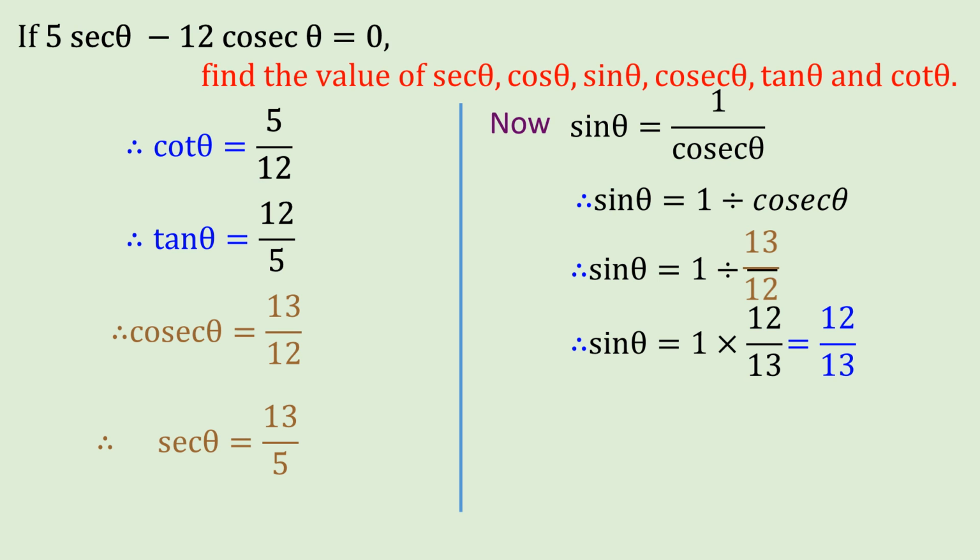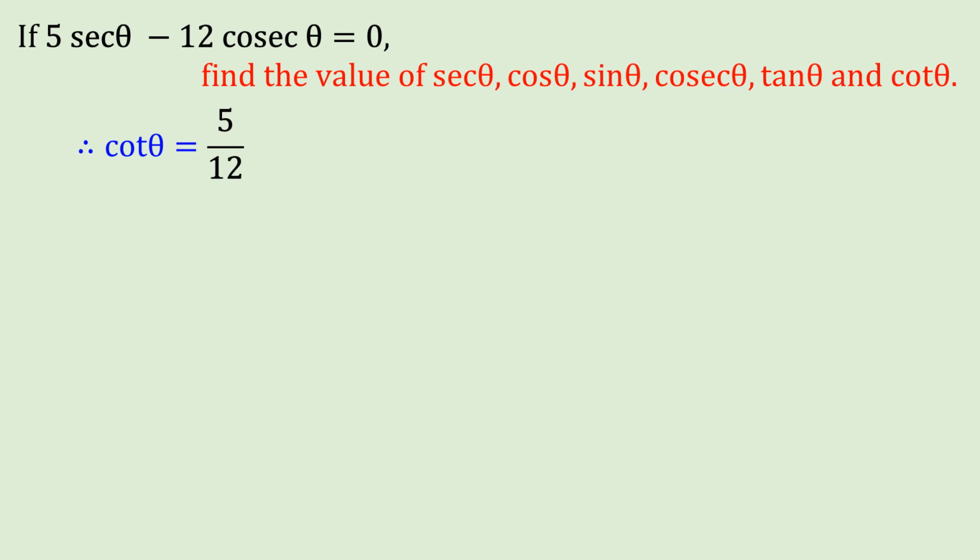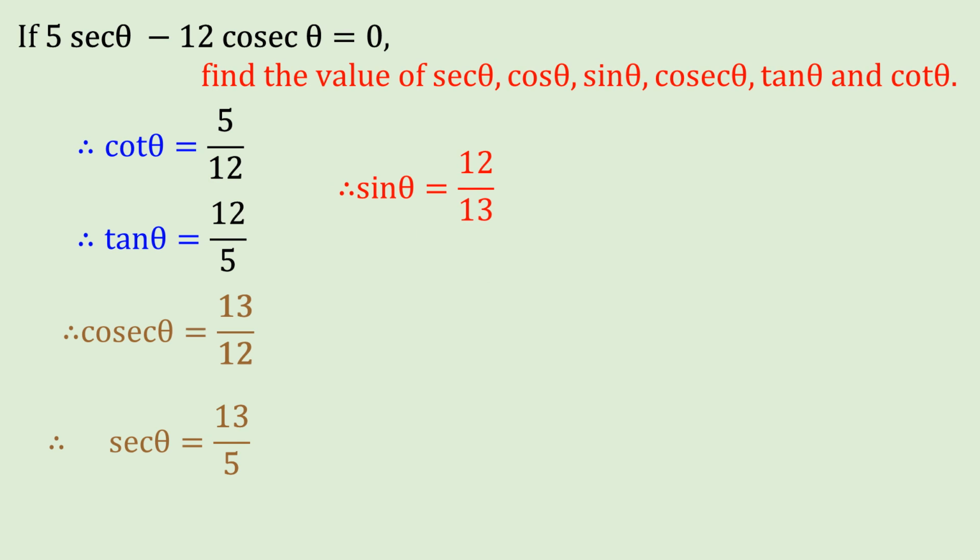Now only cos theta is remaining. So cos theta equals 1 upon sec theta. So here we have all the values which we have found till now, and the cos is remaining.